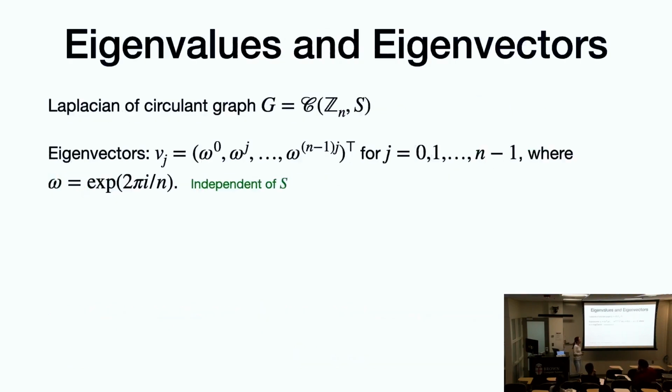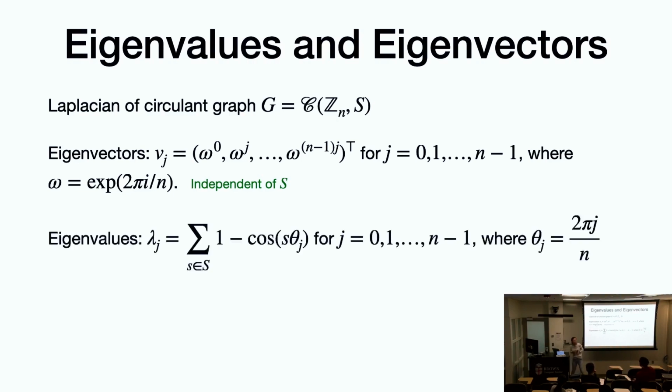Okay. As I mentioned before, the eigenvalues and the eigenvectors of the Laplacian matrix of a circulant graph have explicit forms. So first, the eigenvectors only depend on the number of vertices and are independent of the generating set. The eigenvalues also have nice forms.